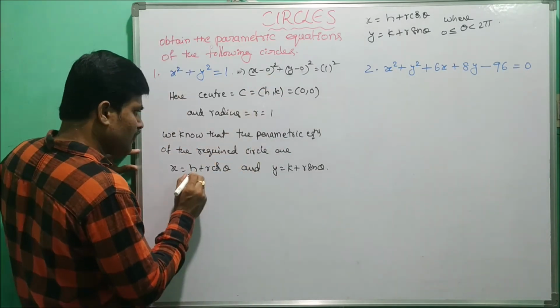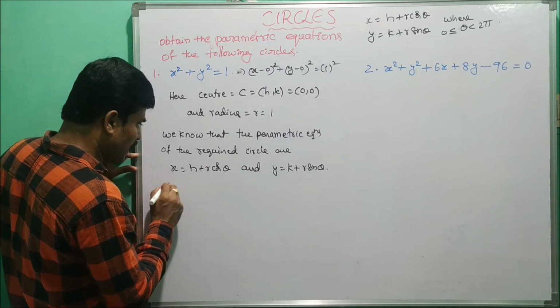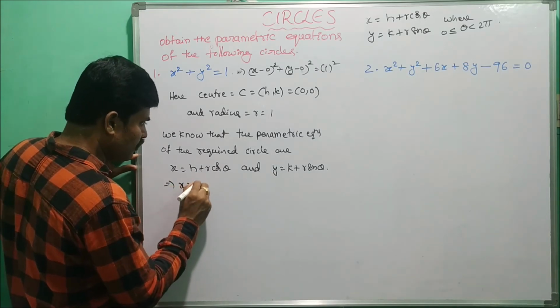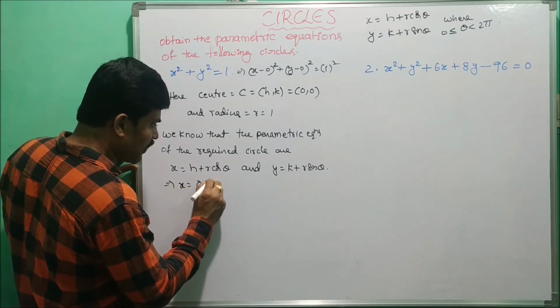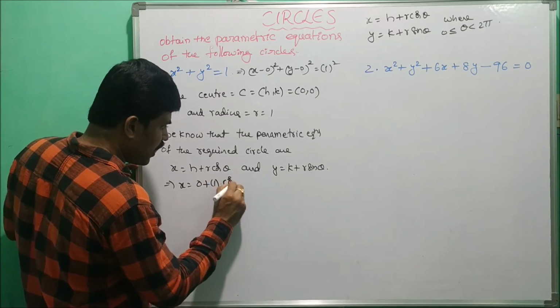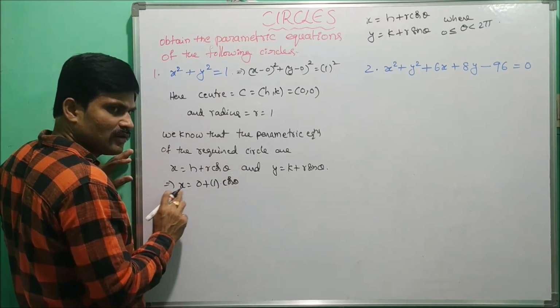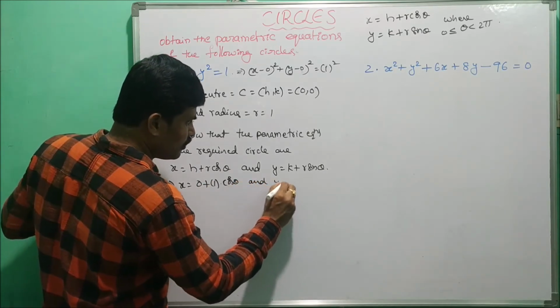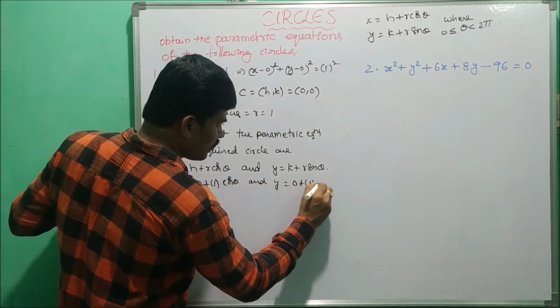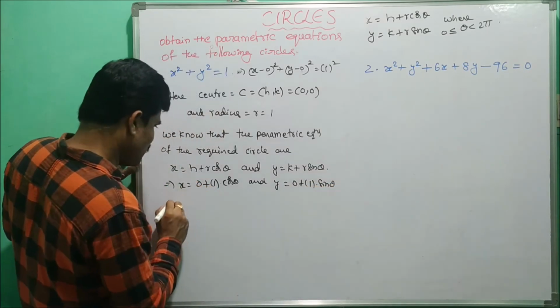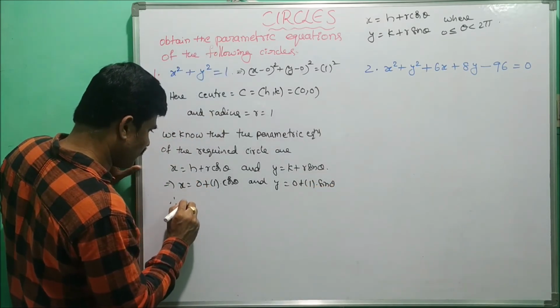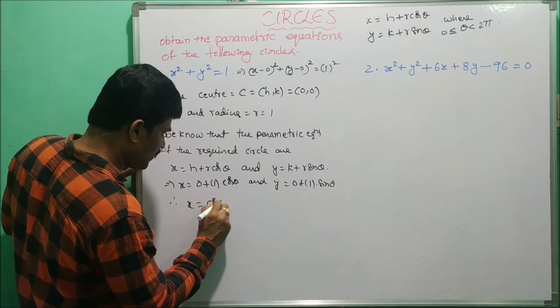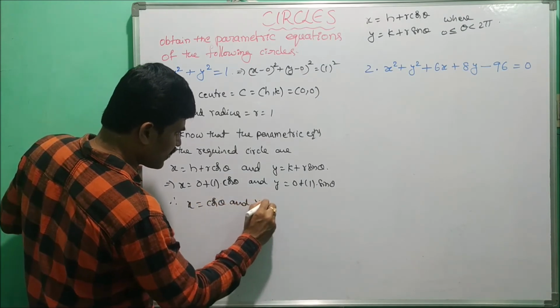Now we write h and k. Directly we write x equal to 0 plus r, which is 1, into cos theta. Already found hk. So x equals 0 plus 1 into cos theta. Similarly, y equals 0 plus 1 into sin theta. Therefore, the parametric equations are x equal to cos theta and y equal to sin theta.